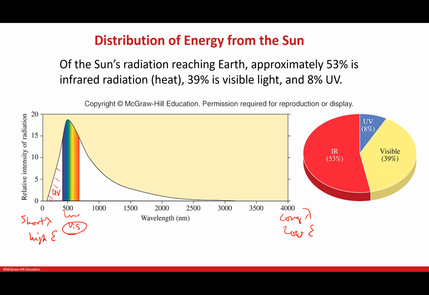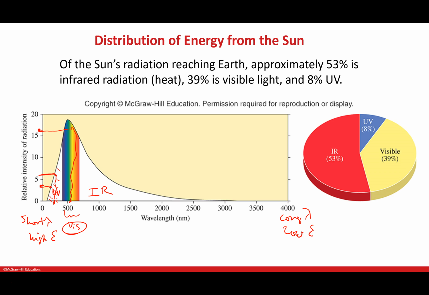I should have explained, along the y-axis we have intensity. So the intensity of this ultraviolet wavelength would be right here. The intensity of this one is right here. The intensity of yellow is right here. So that's ultraviolet, and then what's a little bit longer than visible? Infrared, and this is IR.